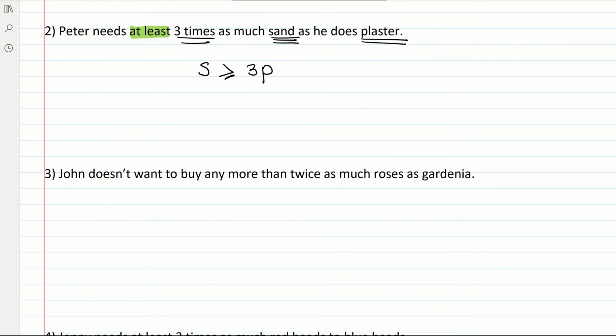John doesn't want to buy any more than. That means it's less than or equal. John doesn't want to buy any more than twice as much roses as gardenia. So the roses can't be twice as much as the gardenia.